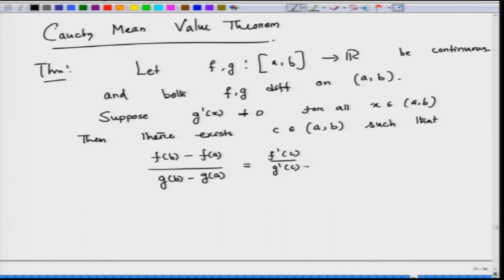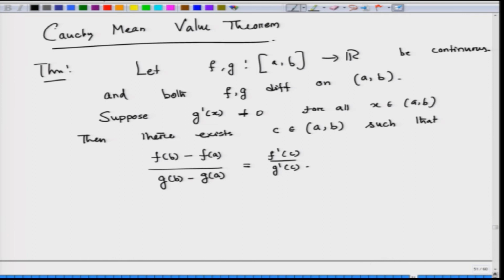You see, what is important is that f satisfies the mean value theorem condition, g also satisfies the mean value condition. So now the numerator will be f prime of c1 and the denominator will be g prime of c2. That is very easy, but what is important about this theorem is that you are getting one c for the ratio.